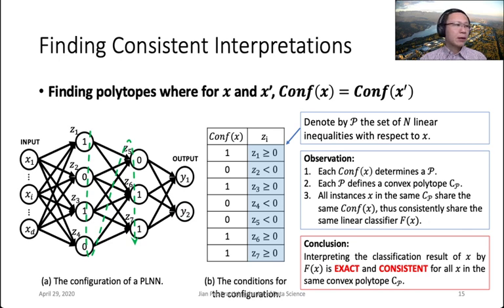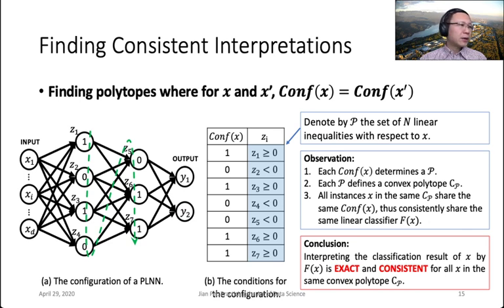Apparently, this column Zi represents the set of linear inequalities with respect to X. We denote the set of inequalities as P, and then give the following observation.